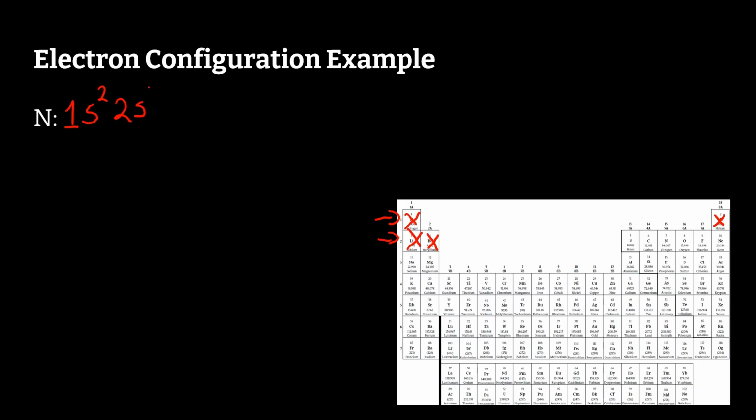So this is our 2s2. But we want to get to nitrogen, so we are going to continue to the right. So we are still in energy level 2, but this time we are entering into the p block. And then the p block, in order to get to nitrogen, will be 1, 2, and 3. So we get 2p3 as the electron configuration for nitrogen.